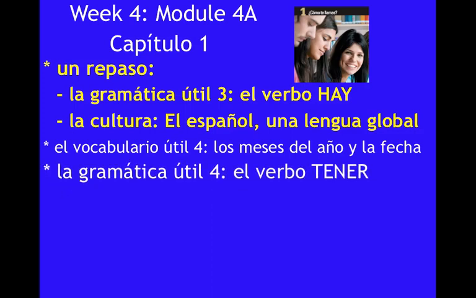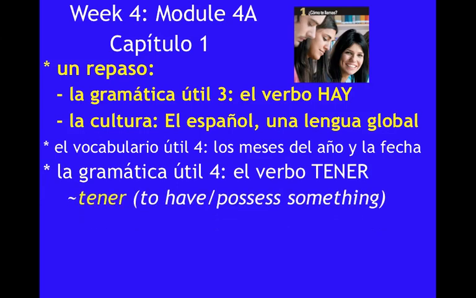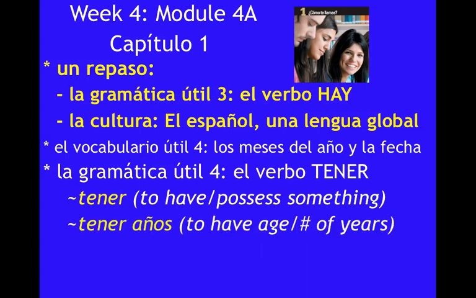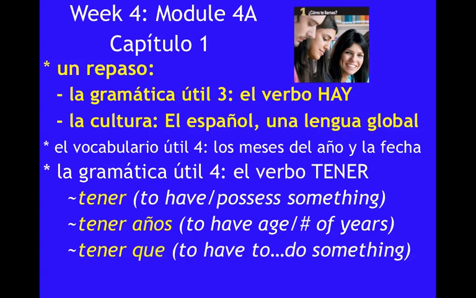Y la gramática útil 4, el verbo tener, the verb tener, which means to have or to possess something. Continuing with tener años, to have age, to have a number of years, expressions that are used with tener que, which means to have to do something, y finalmente expressions that use el verbo tener.